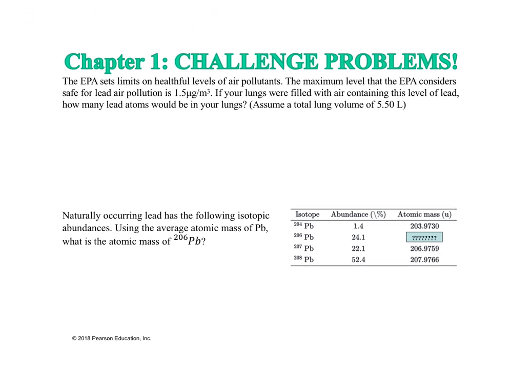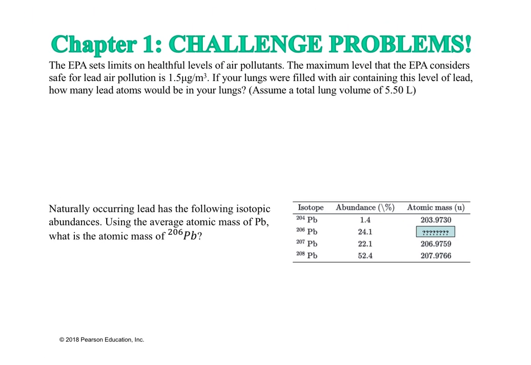All right, these are your challenge problems for this chapter. It has to do with EPA and lead. Notice this is the type of problem you might see on a test. It's going to test you on one overall concept, but a variety of chemistry topics within it. So here we have the EPA sets limits on healthful levels of air pollutants.